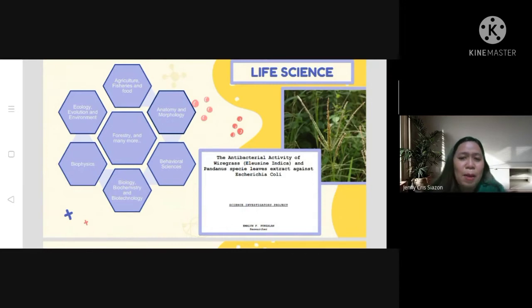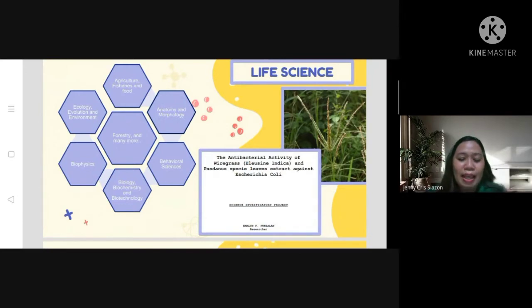So, for example, you can test what kind of microbes or microorganisms are present in bodies of water that are nearby in your community.